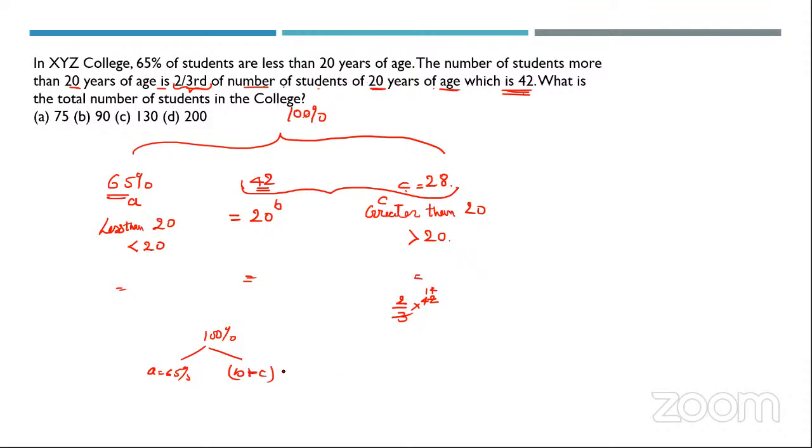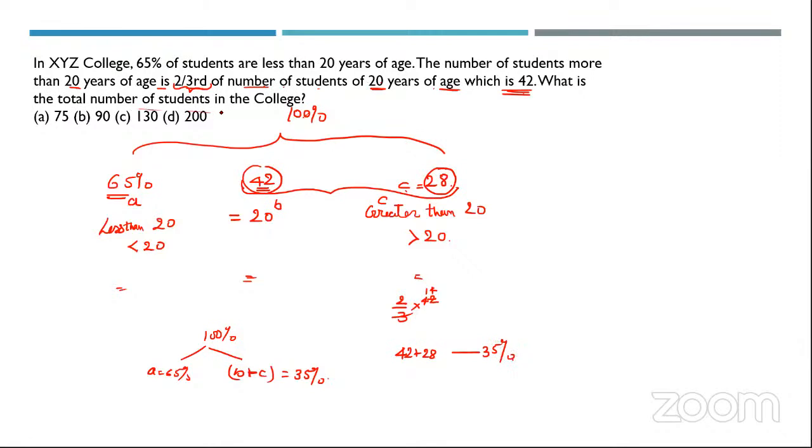Then B and C will comprise 35%, right? So can I say 42 plus 28, that is 70, right? 42 plus 28 is equal to 35%.